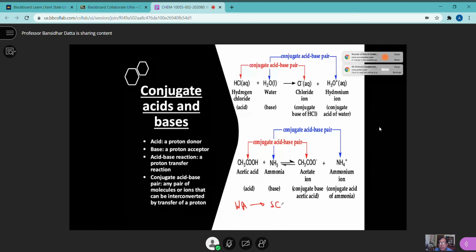So let's say I'm going to write S for strong conjugate base, CB. Everyone okay? And the stronger the acid, the weaker the conjugate base. Everyone okay? So it's opposite, right? It's exactly the opposite.